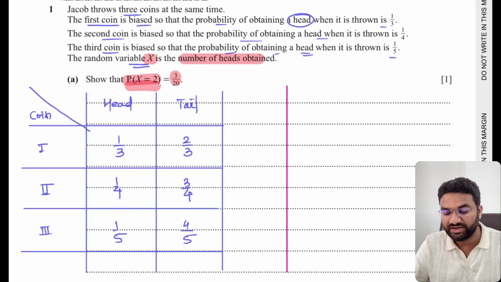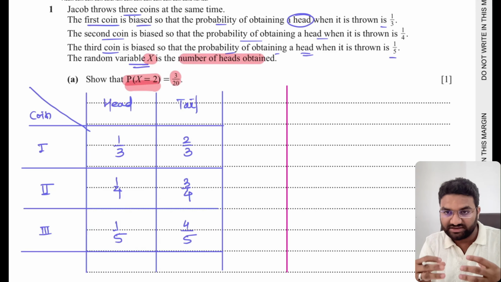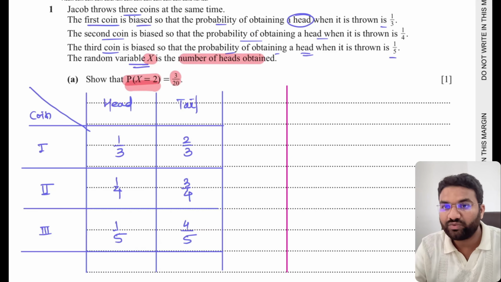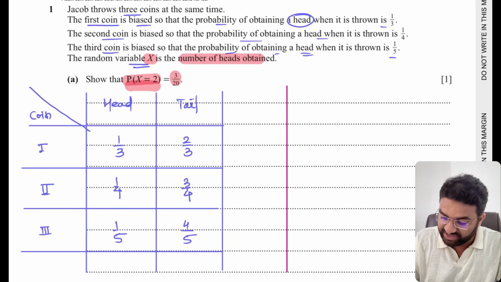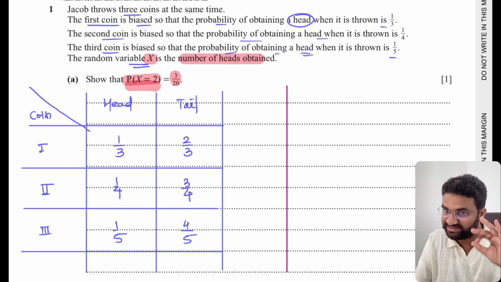Now Jacob throws the 3 coins, and we will get different outcomes, so we will list down all the outcomes. First coin head, second coin head, third coin also head.